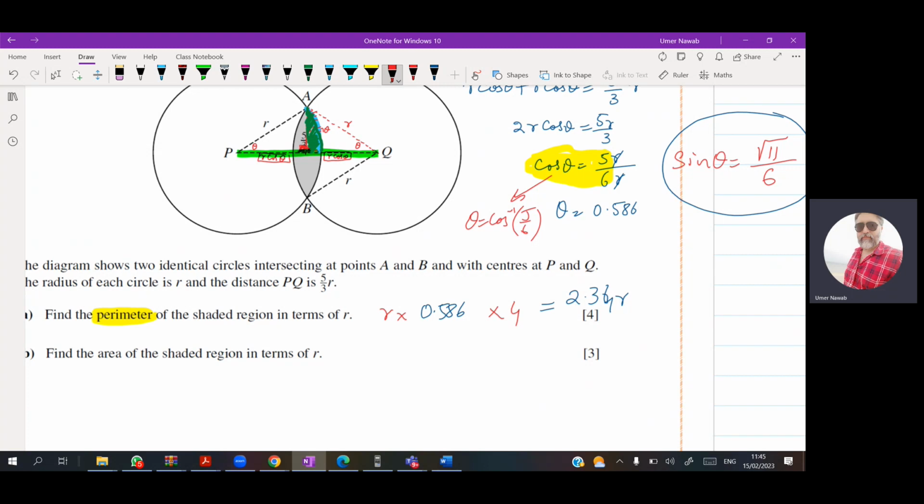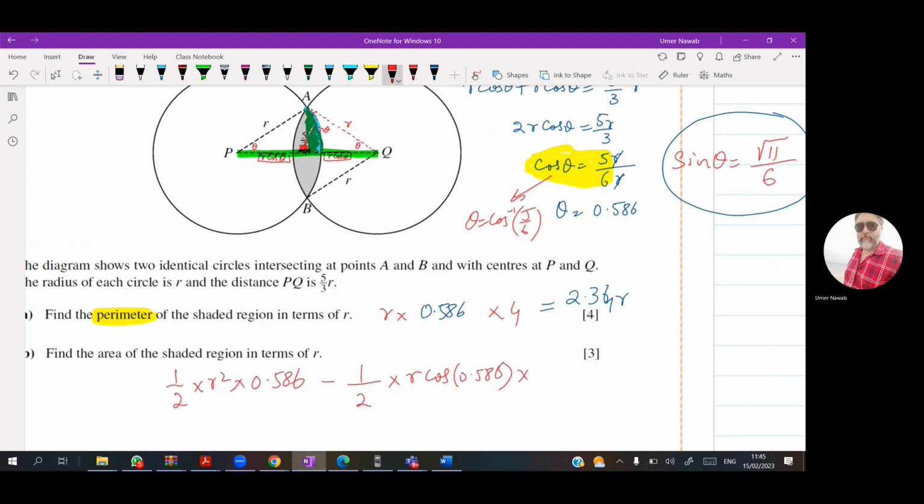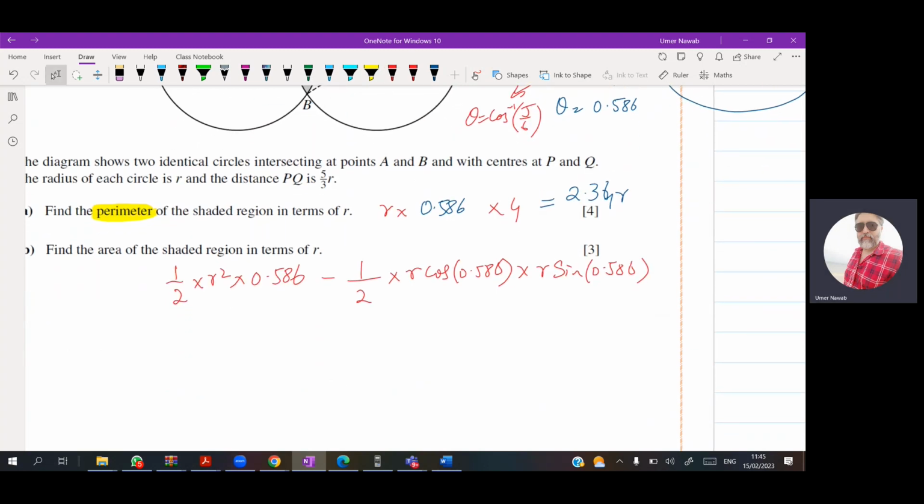Sector is half r squared theta, theta is 0.586, minus the triangle, half times base times height, which is r cosine of 0.586, and then radius r sine 0.586.